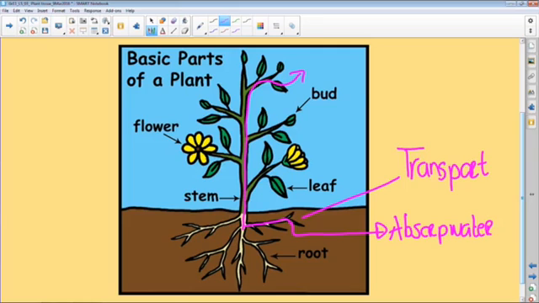Now, why am I talking about food? What do the leaves need to be able to do? They need to be able to photosynthesize. Photosynthesis. Don't plants make food for us? Don't they release oxygen to give us gas to be able to breathe?